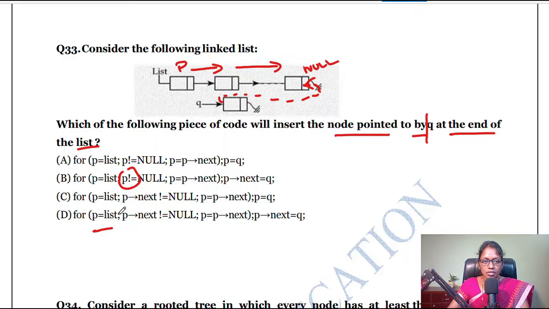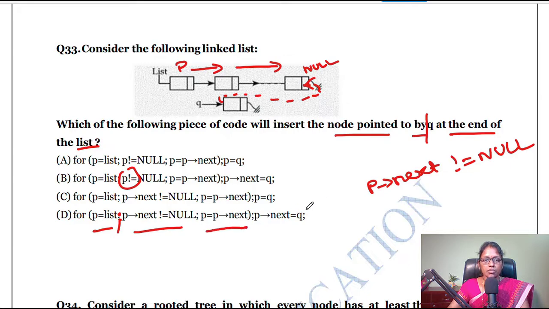This is the condition part. This is the initial part, and this is the condition part: p of next pointer is not equal to null. I have to move through the list until the pointer of next is equal to null. And p equal to p of next. I have to increment every time, from this node to this node and this node to this node.